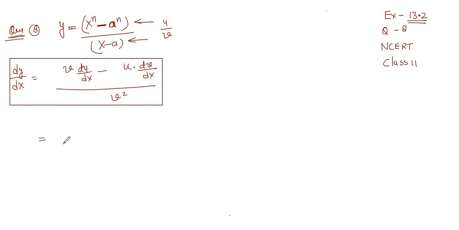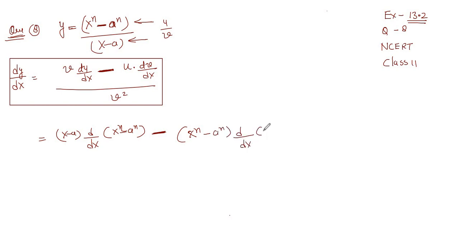Let me write: v is (x - a) d/dx of (x^n - a^n), minus, remember this is minus here, (x^n - a^n) d/dx of (x - a), divided by (x - a) squared, correct?